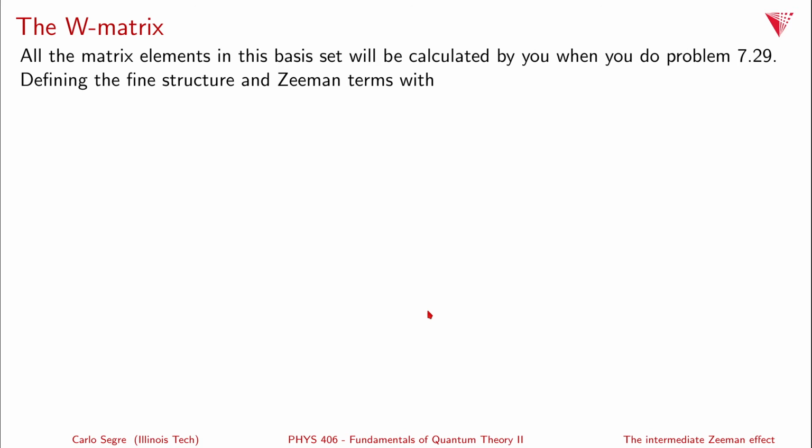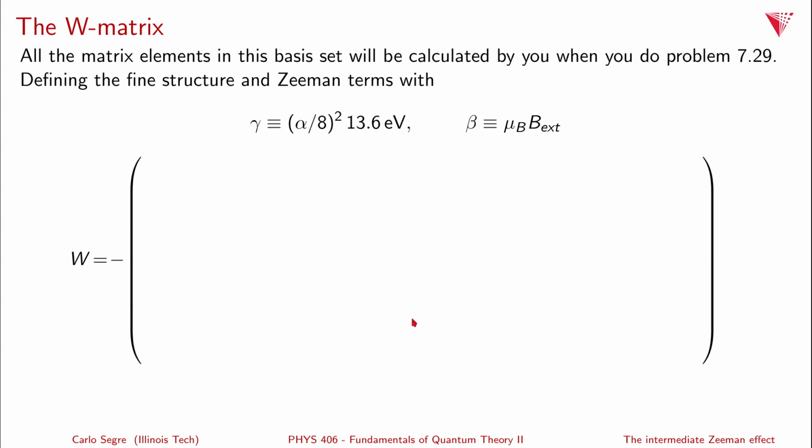But in order to do this with a shorthand, we're going to define 2 terms. Gamma is related to the fine structure coefficient, and it's just the fine structure constant over 8 squared times 13.6 eV. And beta is related to the Zeeman effect, and it's equal to the Bohr magneton times the external magnetic field. So now I can write down this W matrix.